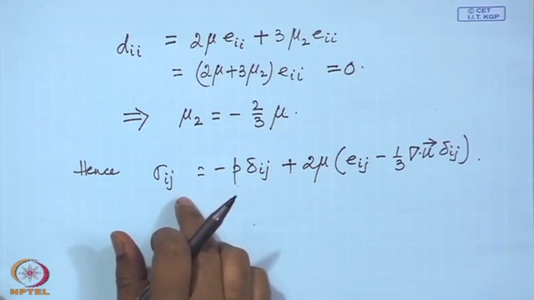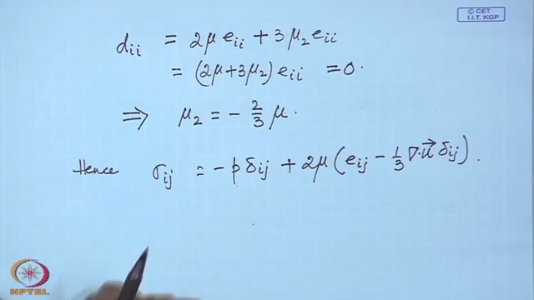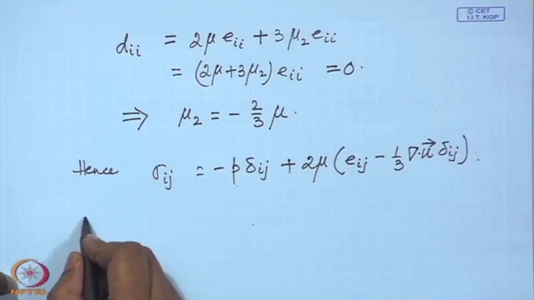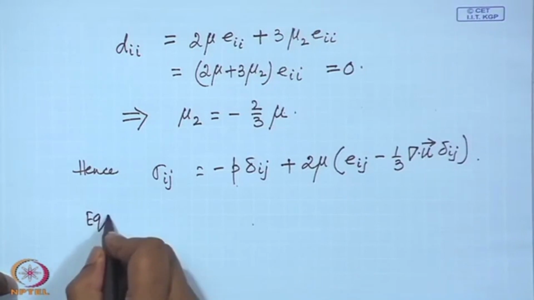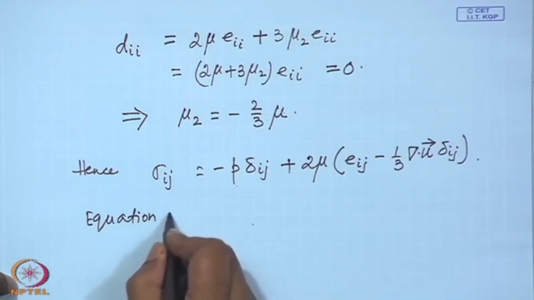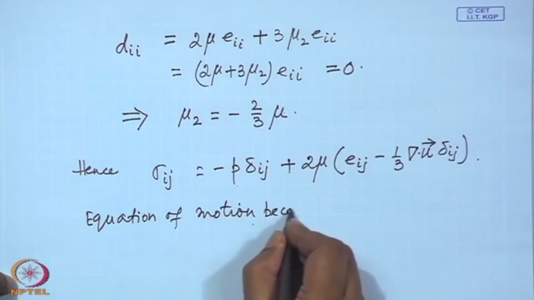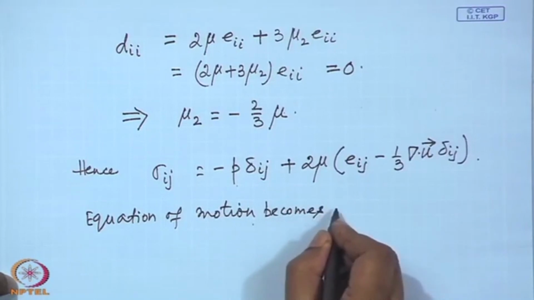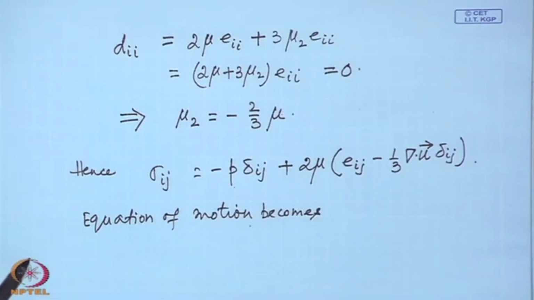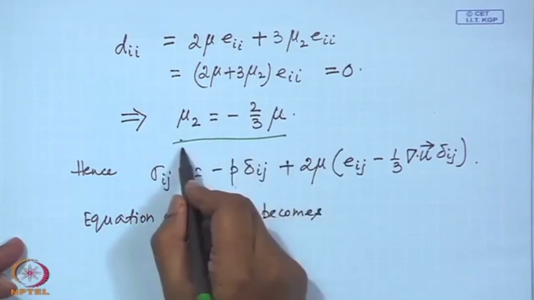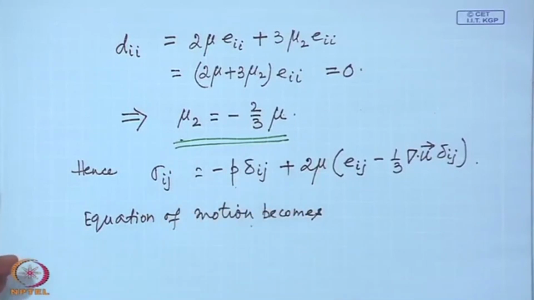Then we can now substitute this in the equation of motion. By the way, before we write down this equation, this relation that mu_2, the second coefficient of viscosity, is minus 2/3 mu is usually known as Stokes hypothesis of viscosity.